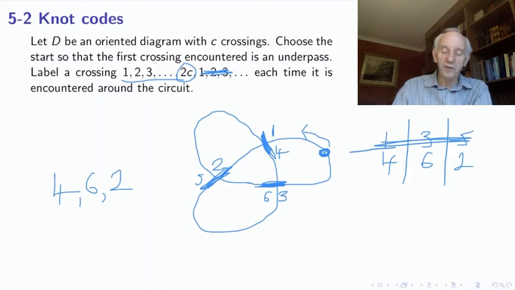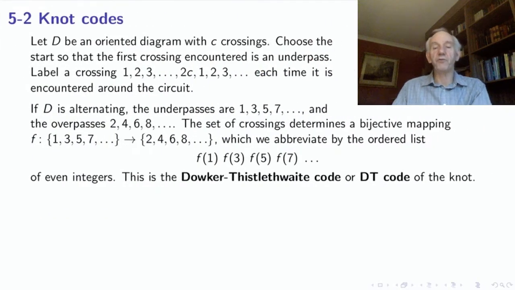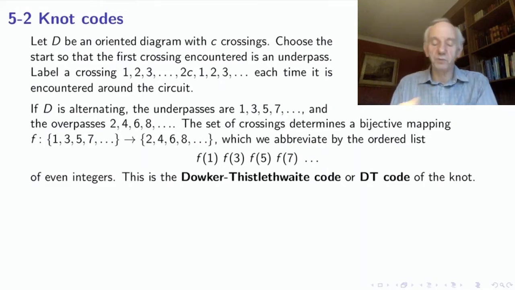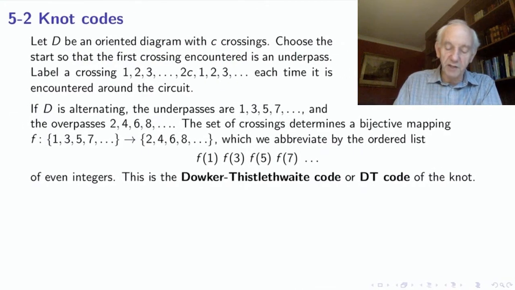So let me just explain in writing what I've just said. I'm beginning with an alternating diagram. It's not hard to modify the procedure. If we have an alternating diagram and we start with an underpass, then the underpasses will correspond to the odd numbers, and the overpasses to the even numbers.